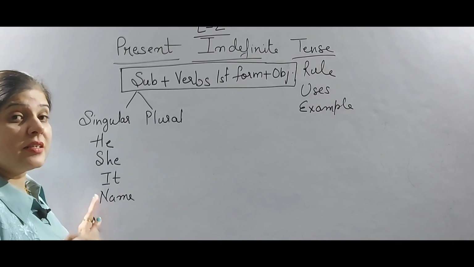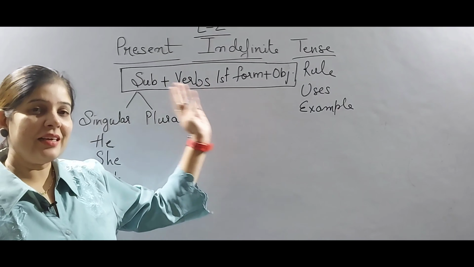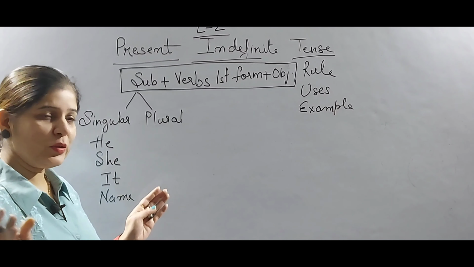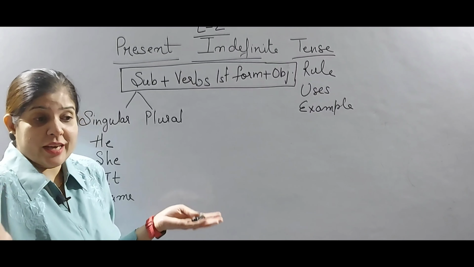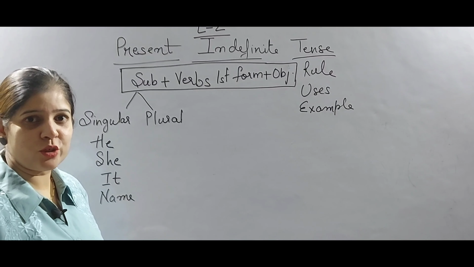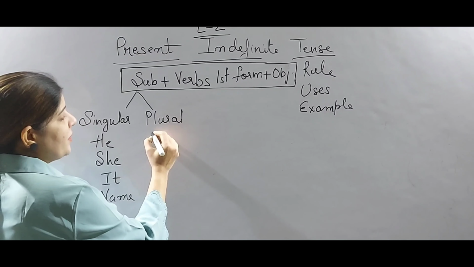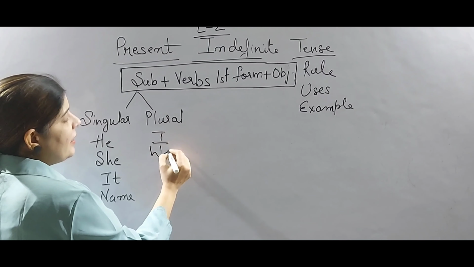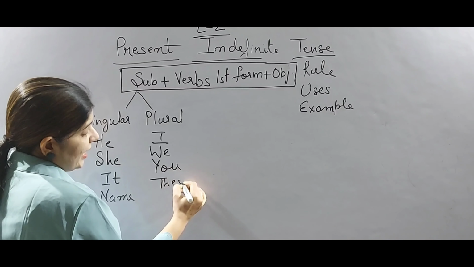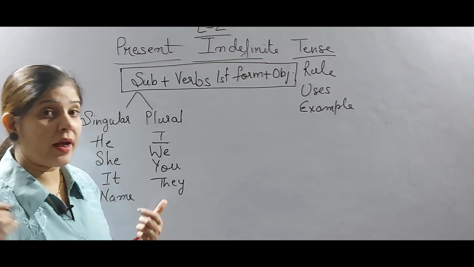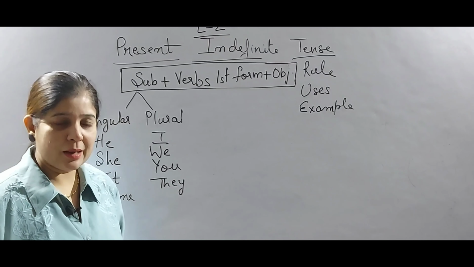They all are singular subjects that we will use while framing sentences. Okay, students? Now, what are the plural subjects? The plural subjects are I, we, you, they, and more than one name. So, they all are plural subjects.